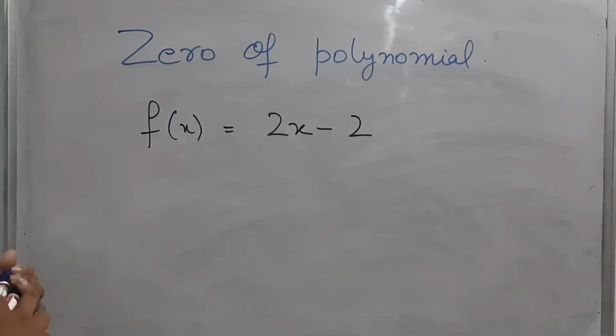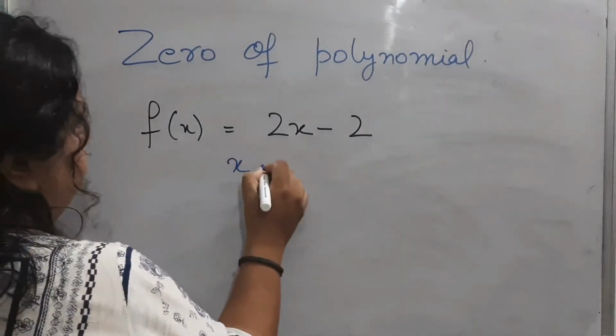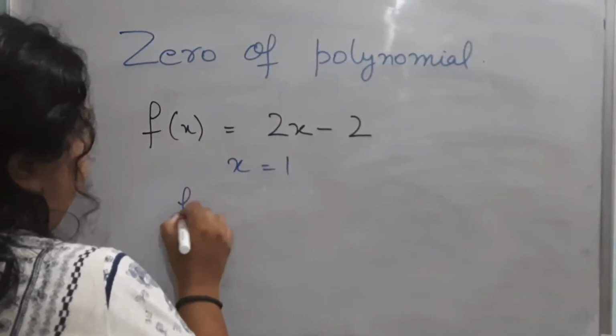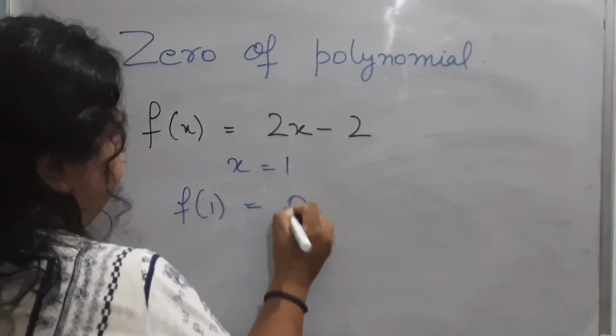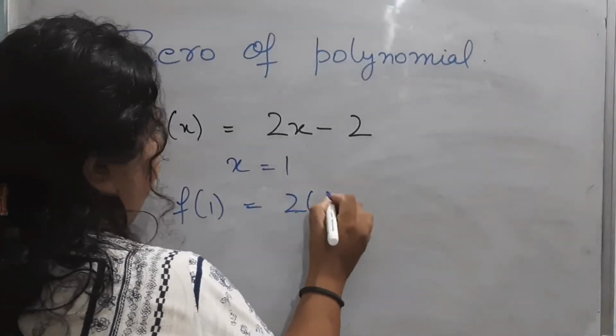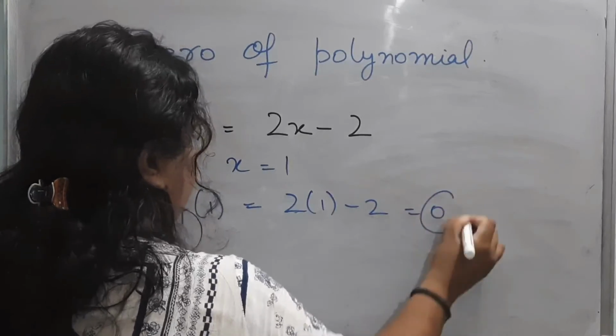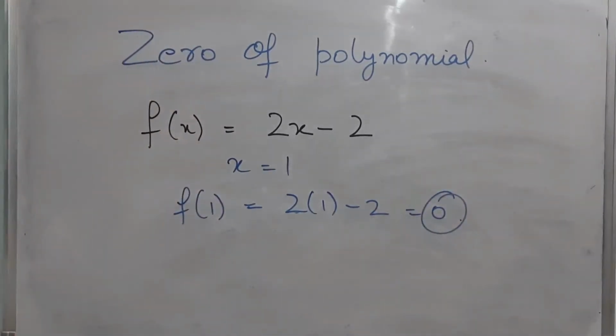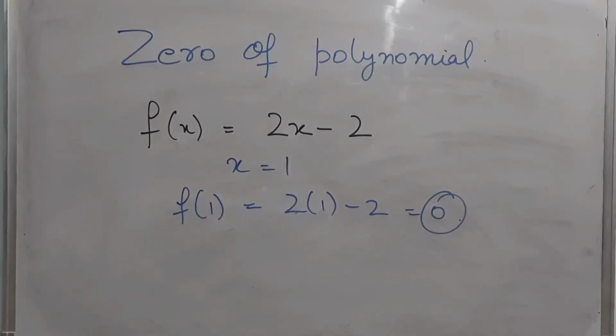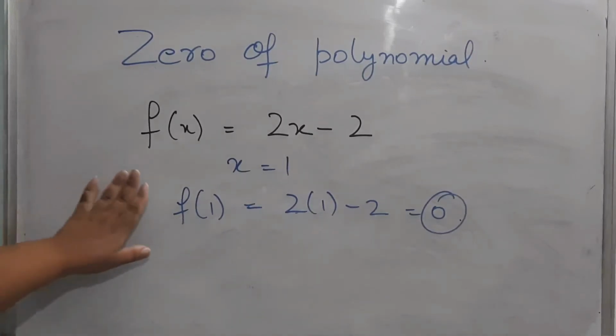If we put x equals 1, we get f(1) is 0, since 2 into 1 minus 2 is 0. So the value at which we get f(x) equal to 0 is known as the zero of a polynomial.